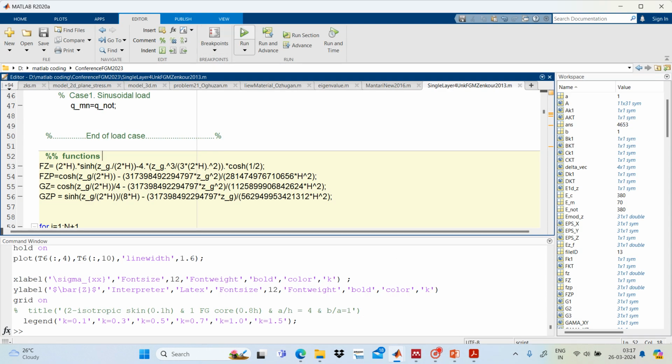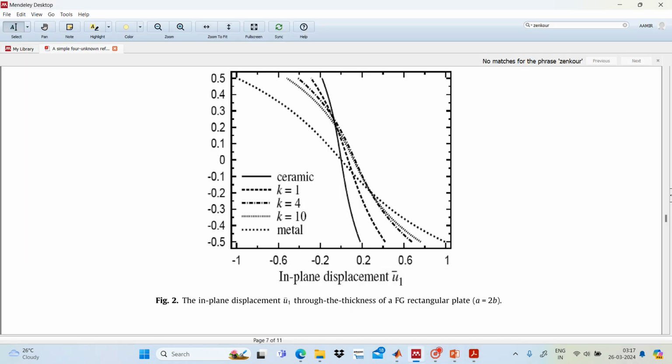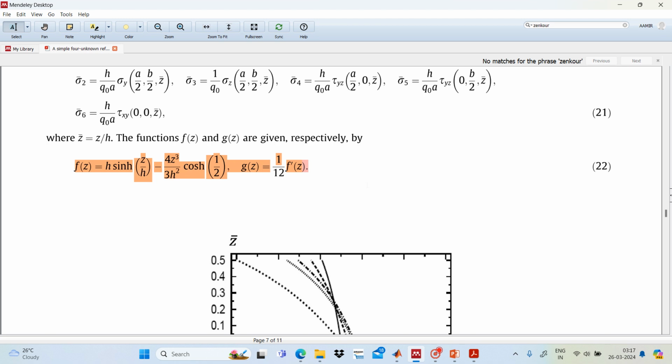We have these functions FG, and the GG function is written here. FG, where 2h is the total thickness, is nothing but small h into sine hyperbolic z by h minus 4 times z cube upon 3h square into cos hyperbolic half. These are the same equations I have written here.